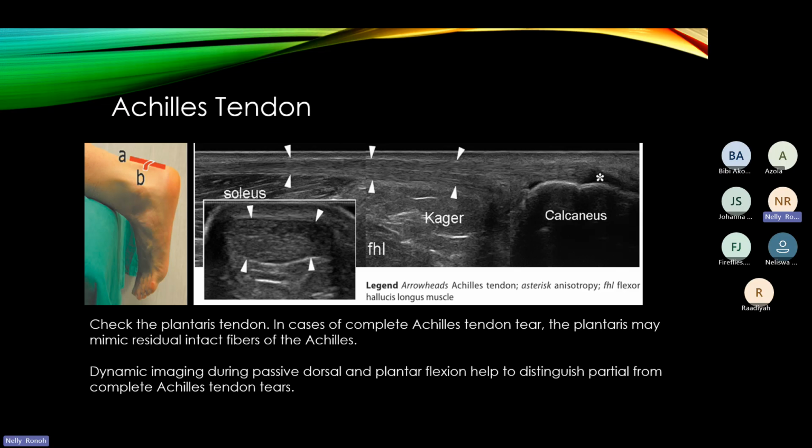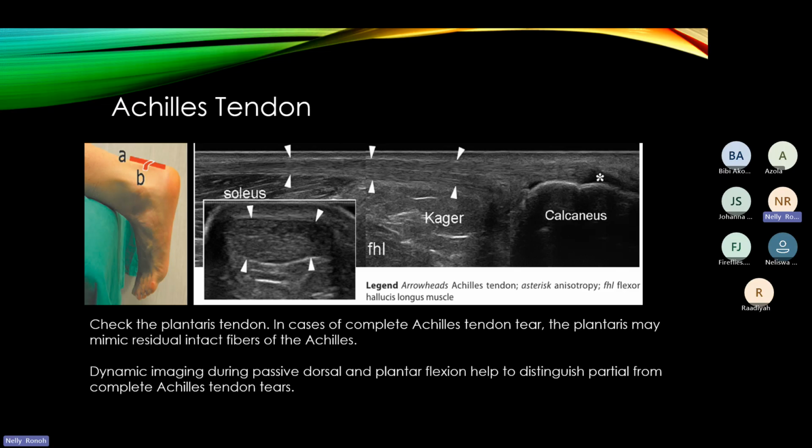For the Achilles tendon, there is also another very thin tendon below it, and it is a variant. Not everybody has it, but for those who do, it is known as the plantaris tendon.